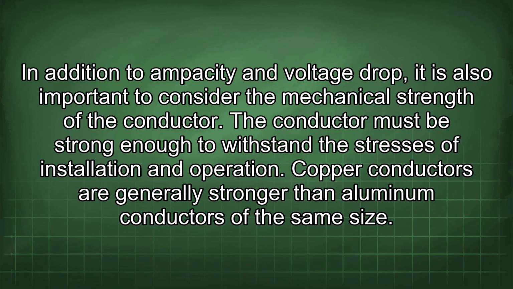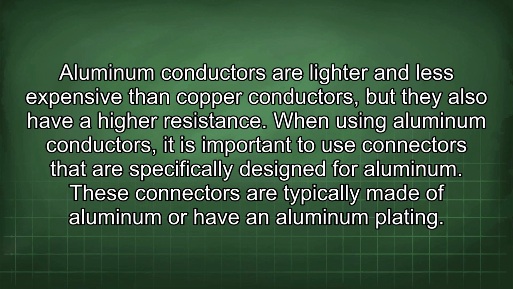In addition to ampacity and voltage drop, it is also important to consider the mechanical strength of the conductor. The conductor must be strong enough to withstand the stresses of installation and operation. Copper conductors are generally stronger than aluminum conductors of the same size. Aluminum conductors are lighter and less expensive than copper conductors, but they also have a higher resistance.